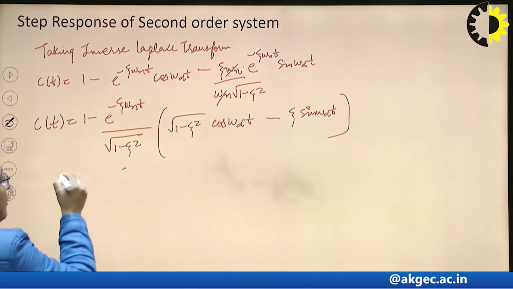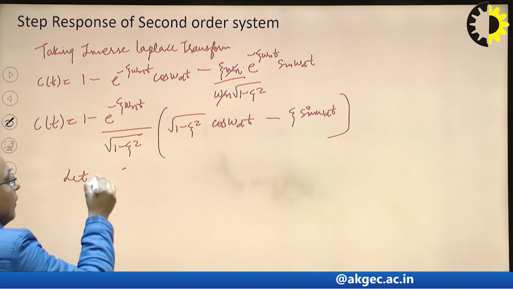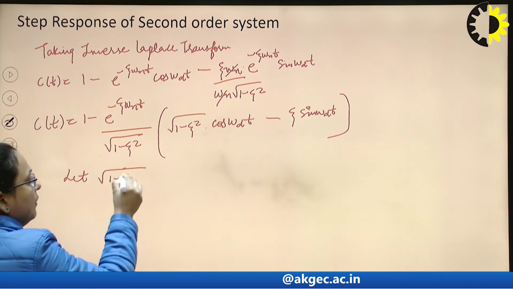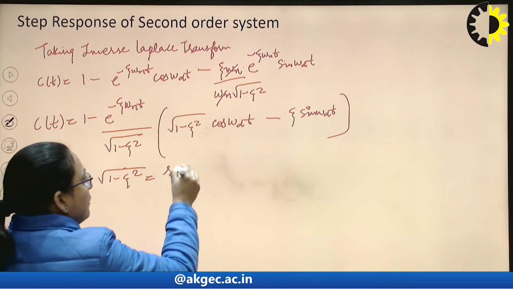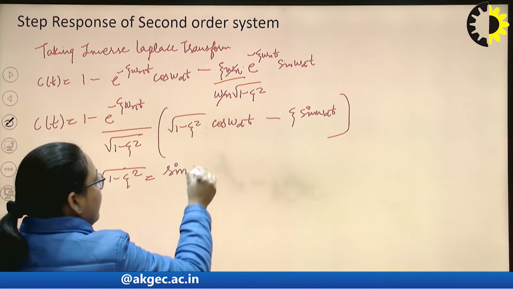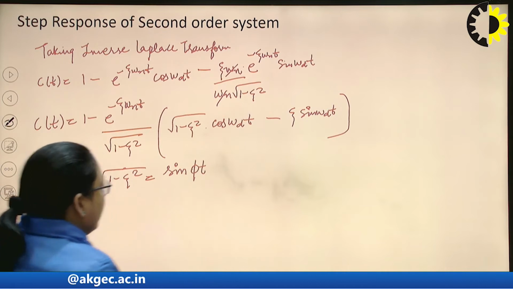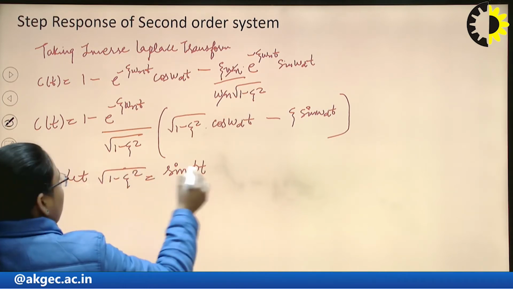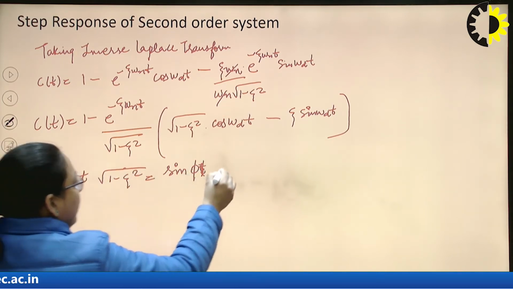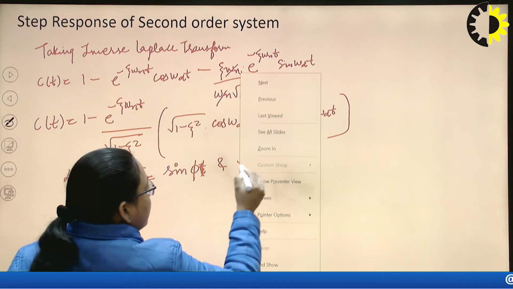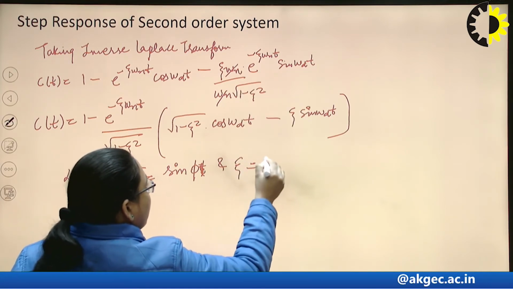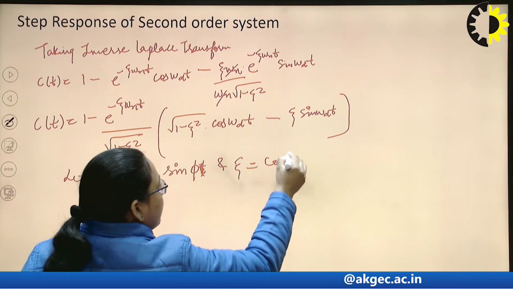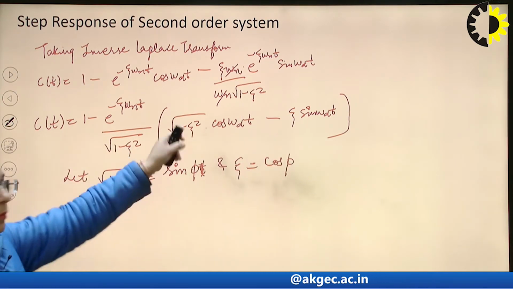Now let under root 1 minus zeta square be equal to sine phi, and let zeta equal cos phi, and put these values in the above equation.